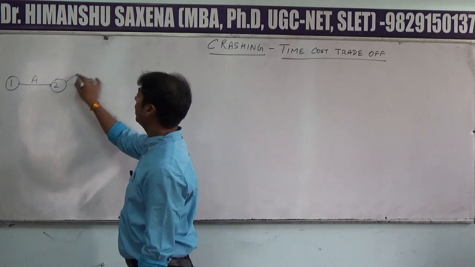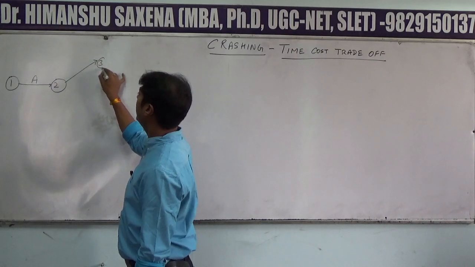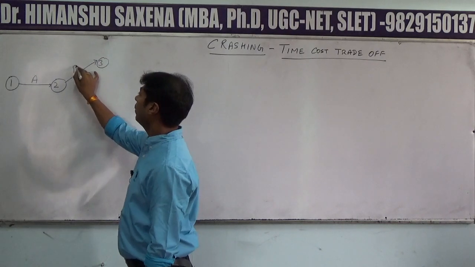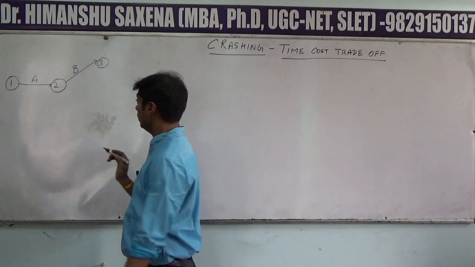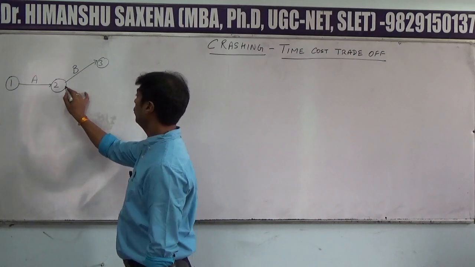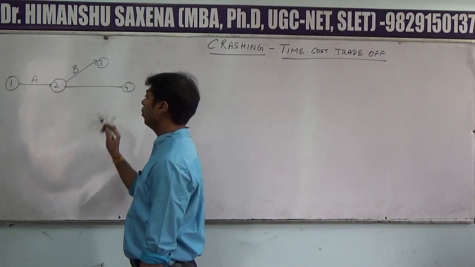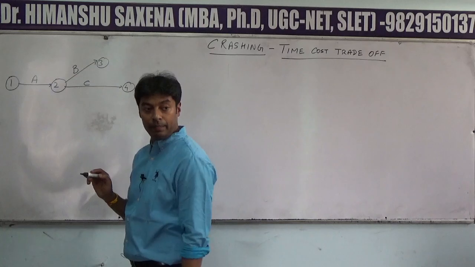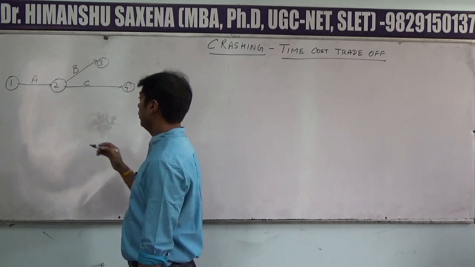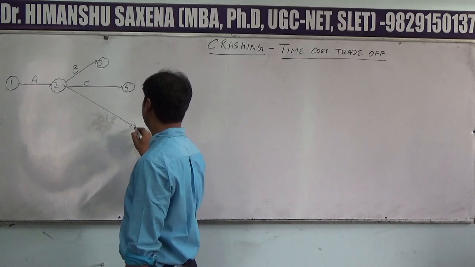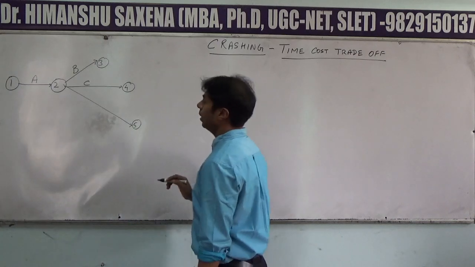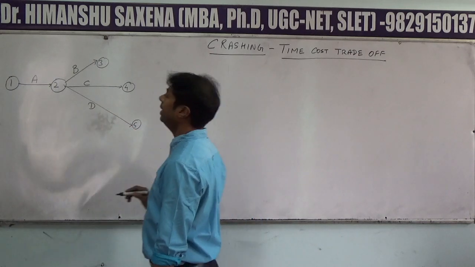So 2 will be connected to event 3, that will be activity B. Next 2 to 4. So 2 will be connected with 4. Now that will be activity C. Next 2 to 5. Now 2 will be connected with 5. That will be activity D.